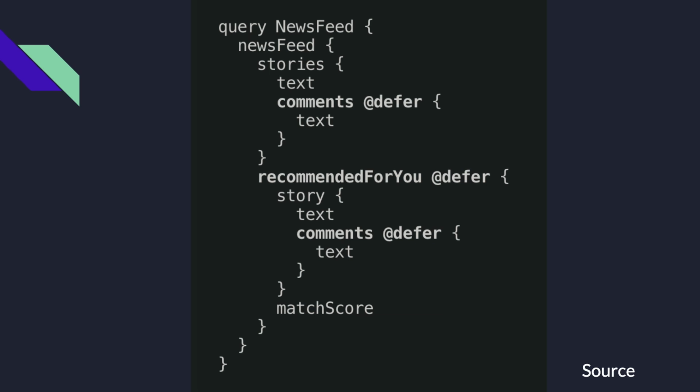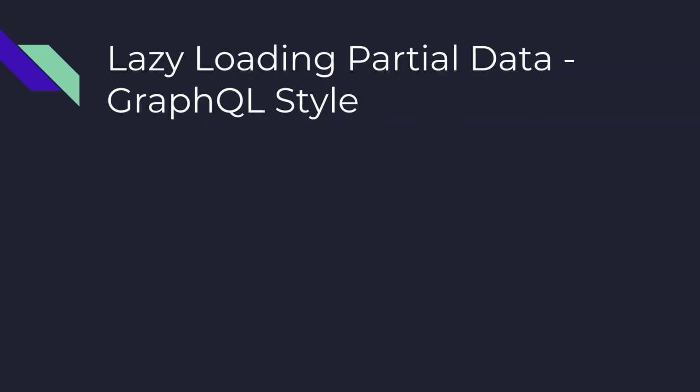In this query, you can see that if I want to defer some parts of my data, I can simply write @defer, right? And create a big query and send it to the server. In this case, the stories part, which is not deferred, is a blocking call. And when it is resolved, it would be sent to the client. What about the rest of the data?